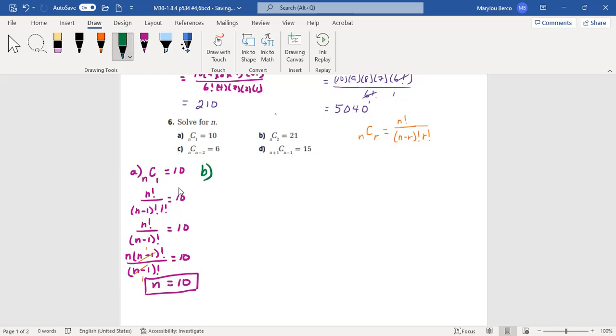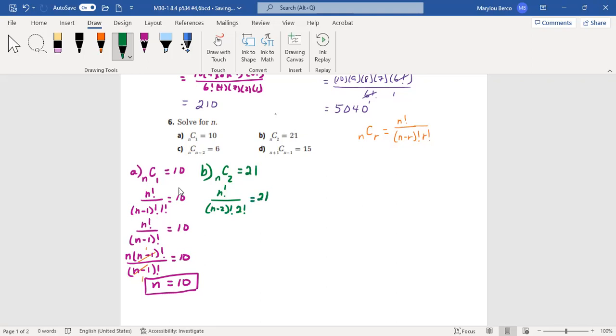Okay, and we have nC2 equals 21. Well, we have n factorial over n minus 2 factorial times 2 factorial equals 21.